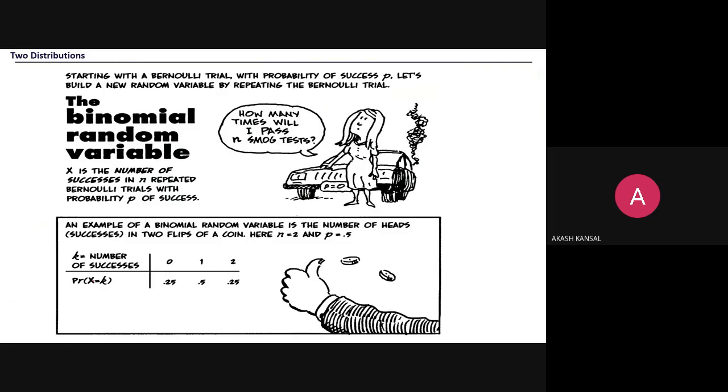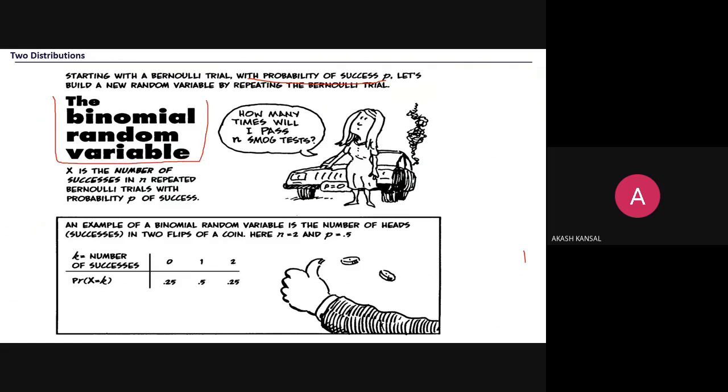Also, let's say we start with a Bernoulli trial and the probability of success is P there. We build a new random variable by repeating this Bernoulli trial, and we call it the binomial random variable. Okay.